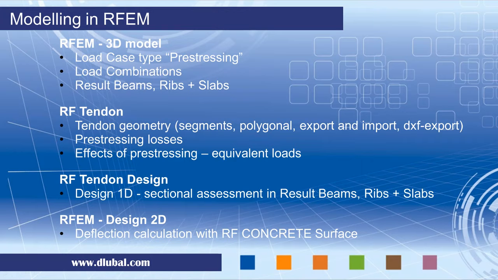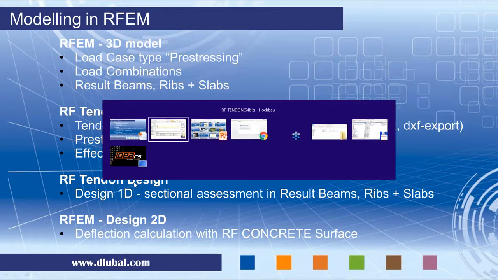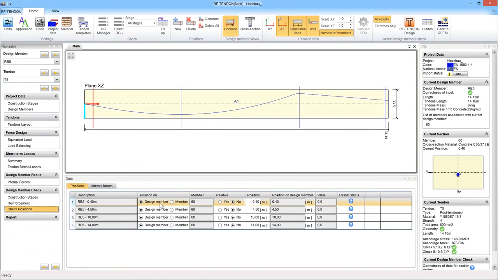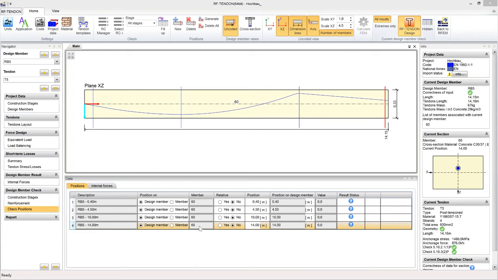Now we go to tendon design. We design the cross sections. In these pre-selected sections, we can go to RF-TENDON design, and all the data is prepared from the construction stages, from pre-stressing, and we find the cross-section in selected sections, and then the data is generated.